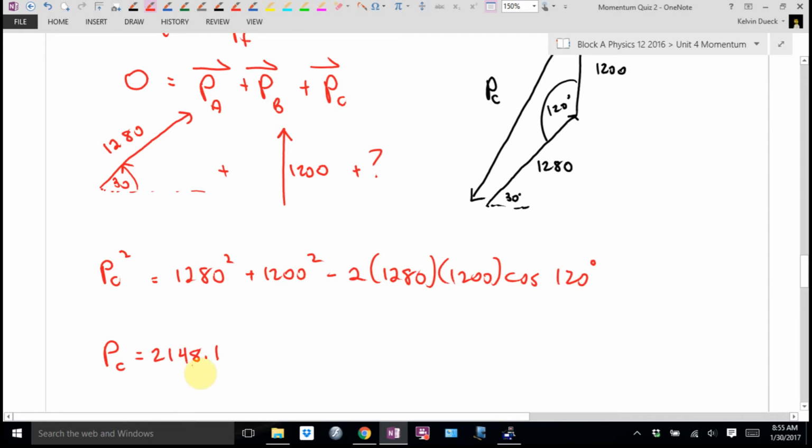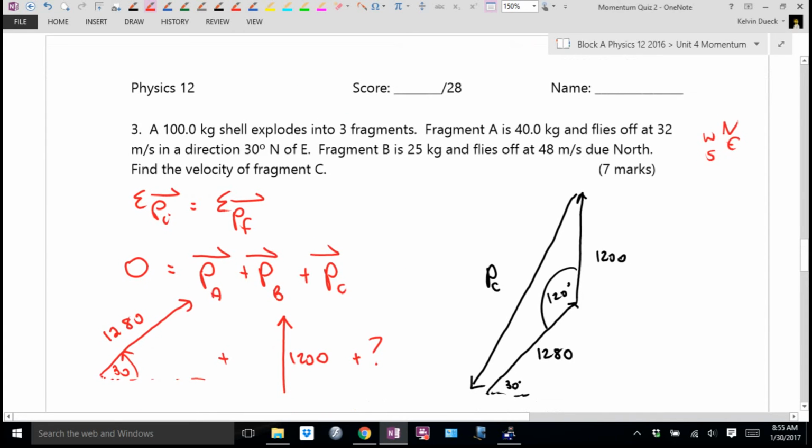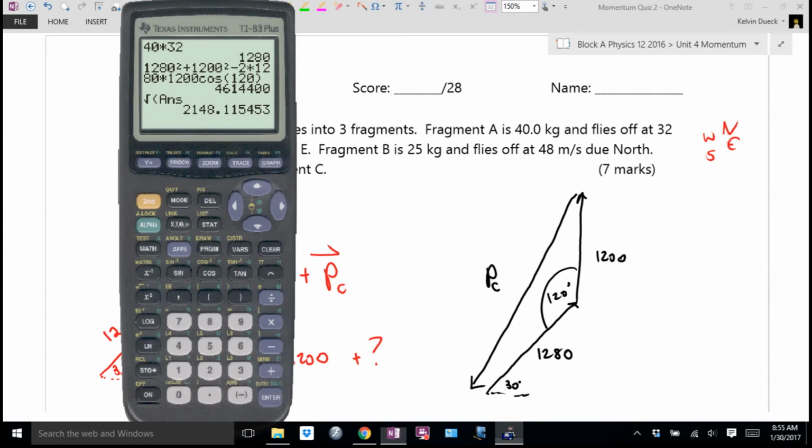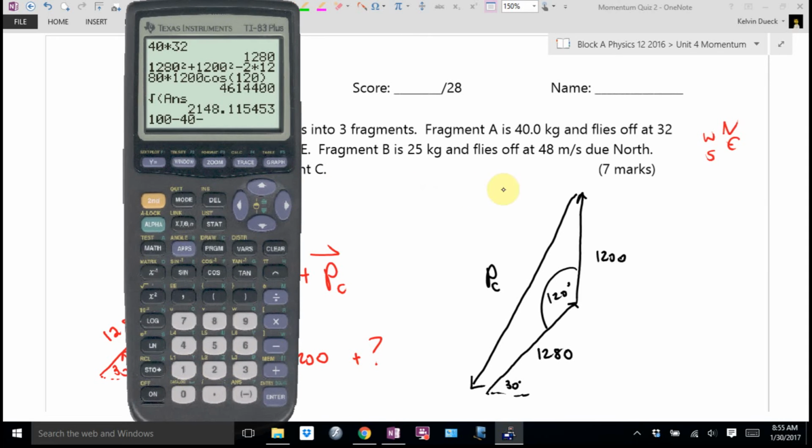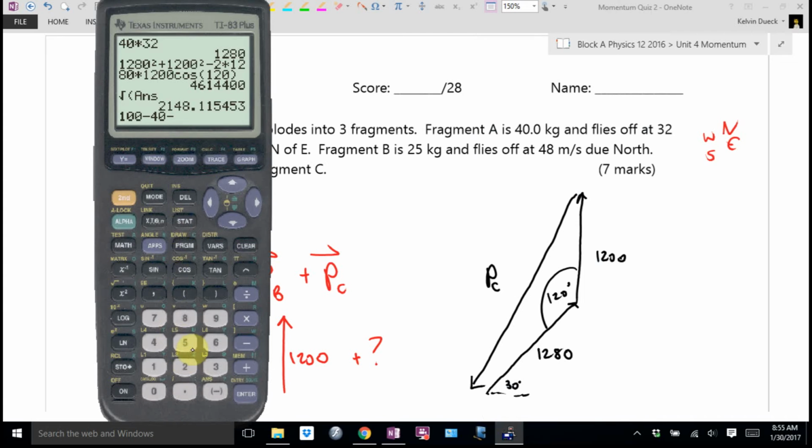2148.1. So the velocity of piece C is going to be 2148.1 divided by the mass of piece C. They didn't tell me the mass. Or did they? Oh, they told me the total mass, so I can go 100 minus 40 minus 25. 35.